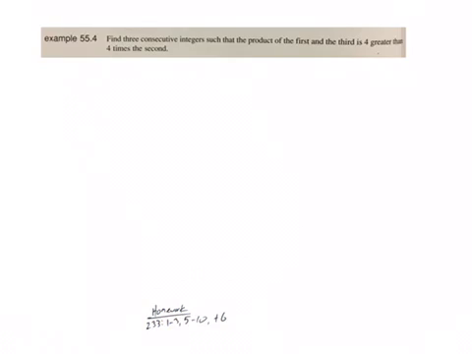Alright. Let's work with where we might have to work with a quadratic. It says find 3 consecutive integers such that the product of the first and the third is 4 greater than 4 times the second. So let's start off with my smallest integer being n. That means my second one is going to be n plus 1 because it says consecutive integers.